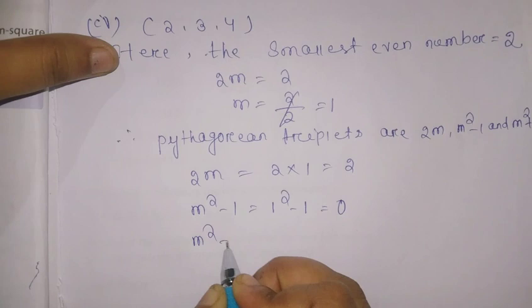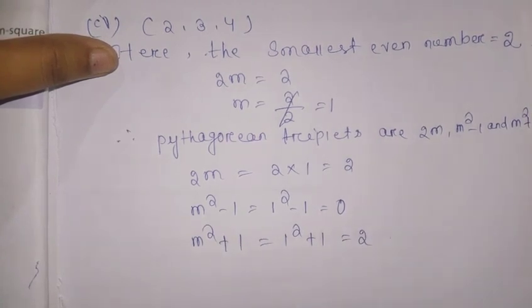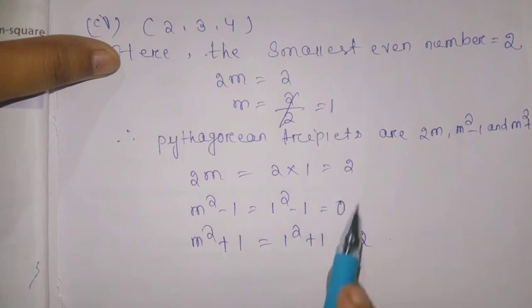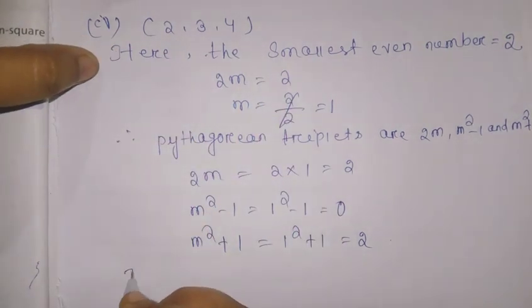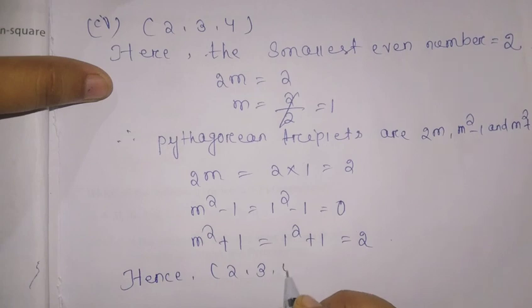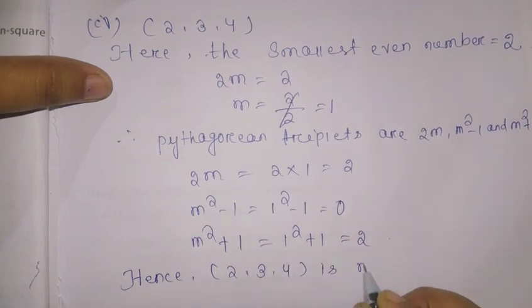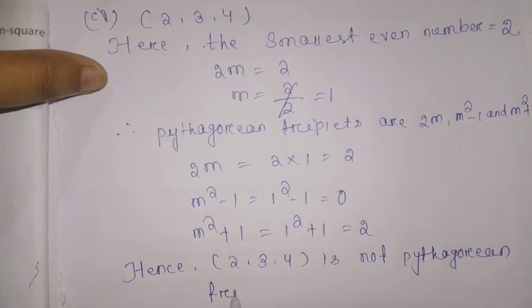Then m square plus 1 equals 1 square plus 1 equals 2. We find 2, 0, 2. Hence 2, 3, 4 is not a Pythagorean triplet.